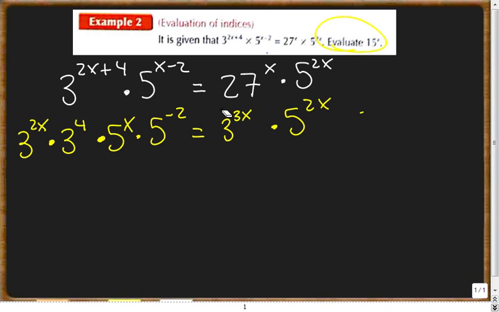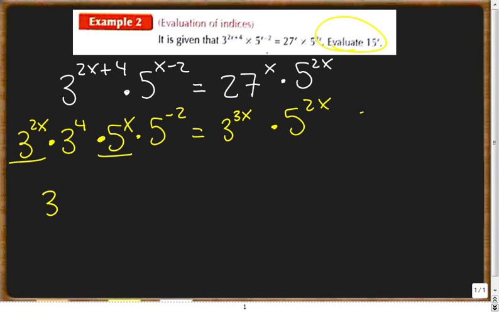Well, now what we need to do is get down to just 3 to the x times 5 to the x. So if you notice over here, we could actually remove these. When you divide out exponents, you actually subtract. So I'm going to take these and divide them over.